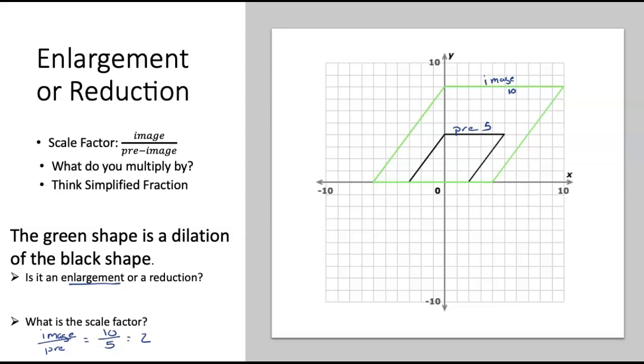So dilations are different from transformations in that they change size. Make sure that you are careful with the words enlargement, meaning to get bigger, or reduction, meaning to get smaller. And then always set up your scale factor as a fraction and simplify.